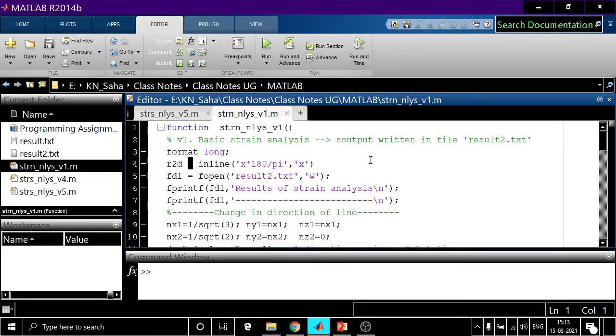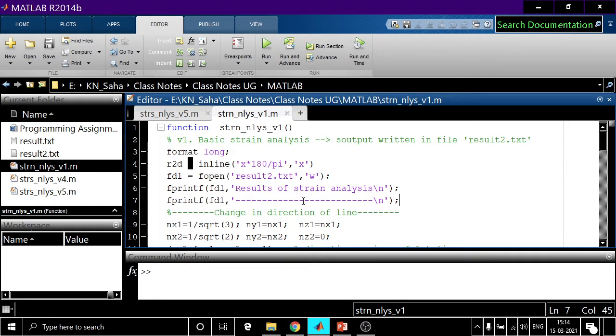This part you understand what it will do. Anyway, this is file writing, and it is a formatted writing.